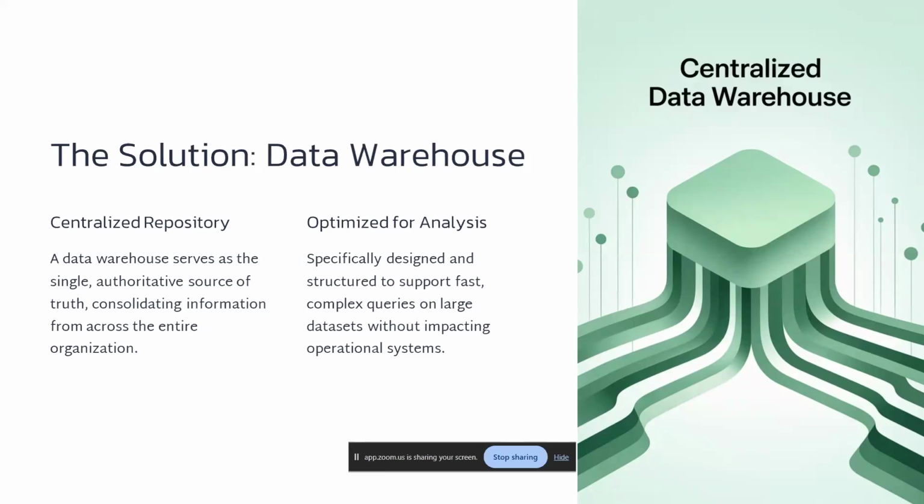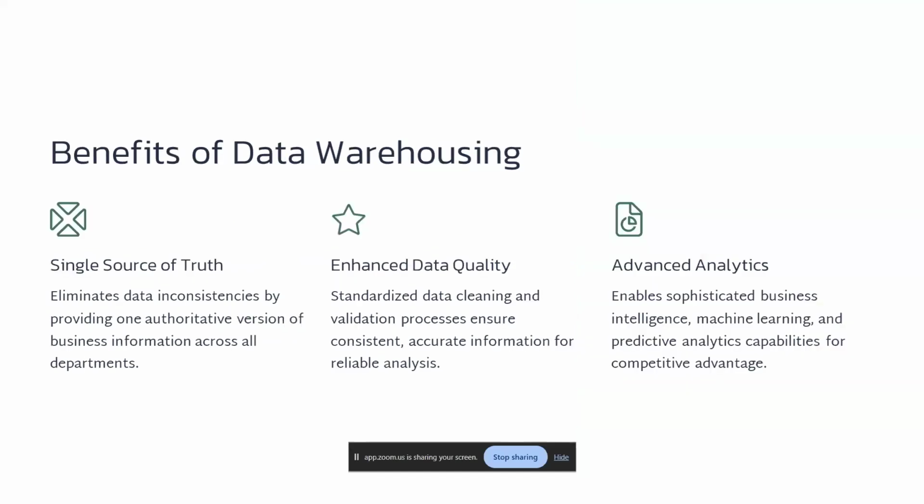If I have 10 databases, I store my entire data in a data warehouse. As I said yesterday, OLTP is transactional, daily processing, but OLAP is analysis processing. So whatever analysis data we have, we store in the data warehouse. Okay, and now the benefits of using data warehousing.